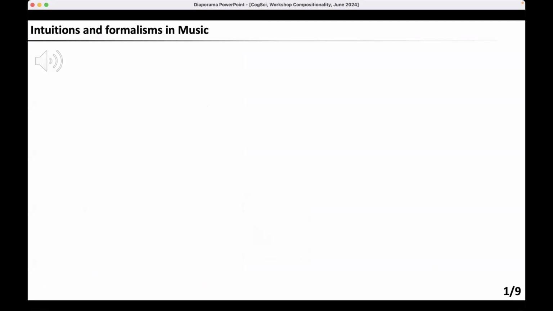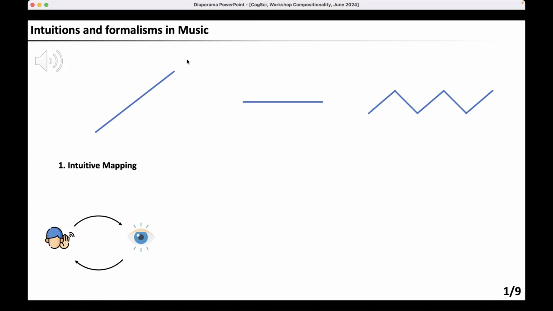So I guess most of you recognize this very famous melody, and if I present you the 3 different images, which are actually 3 different graphs representing 3 different mathematical functions, I'm sure most of you will choose the very first one, representing a linear relation, right? So you are able to automatically and intuitively map the melody with a visual stimulus, which is a graph here.